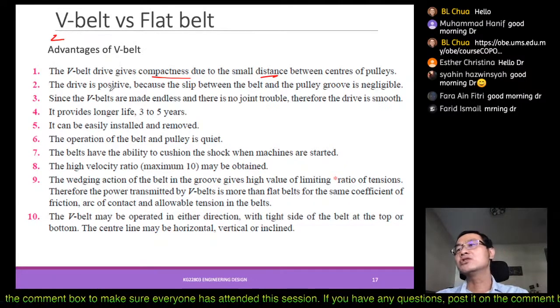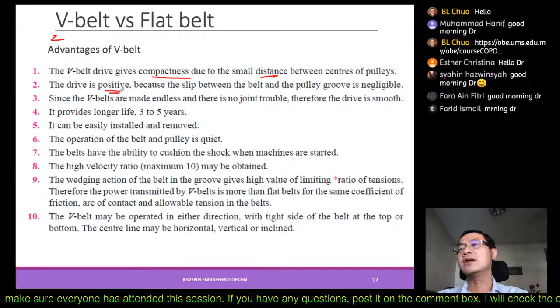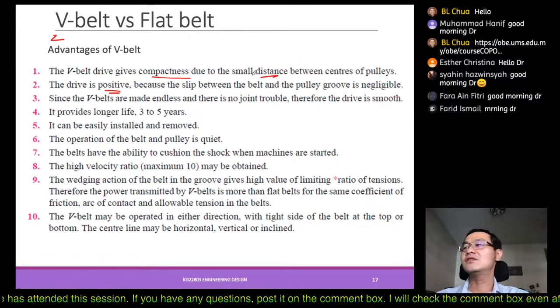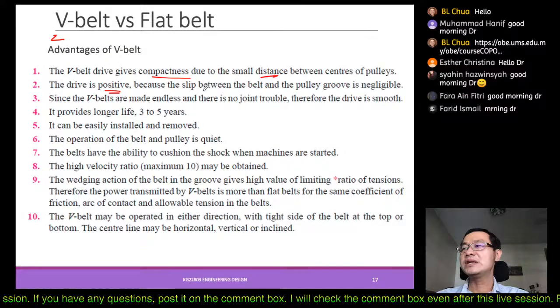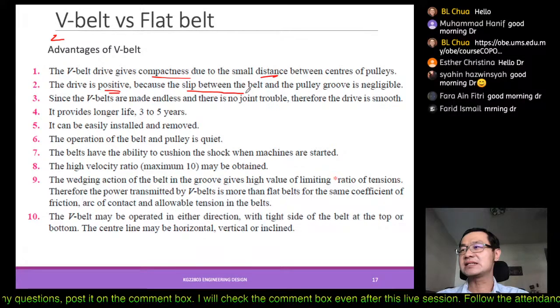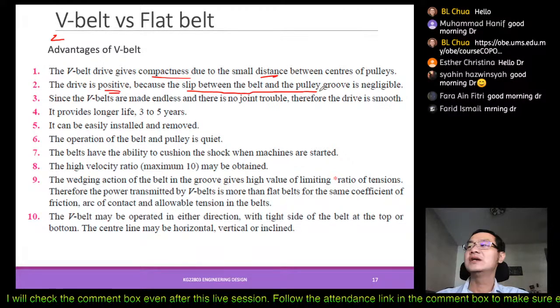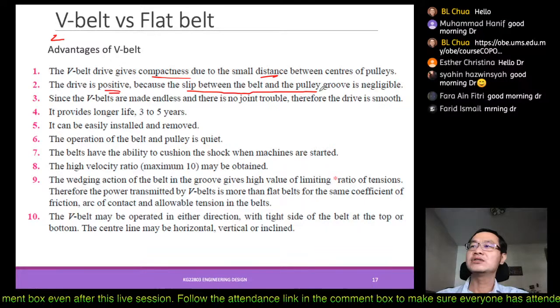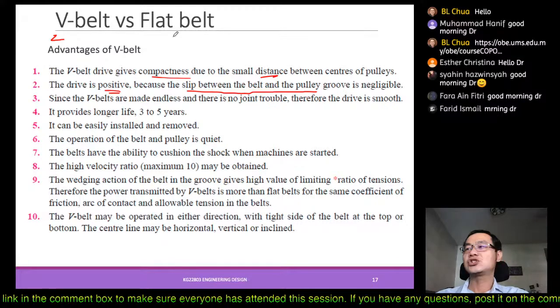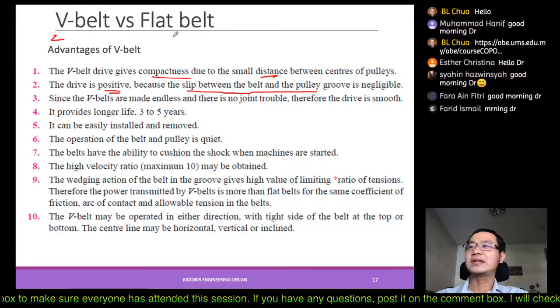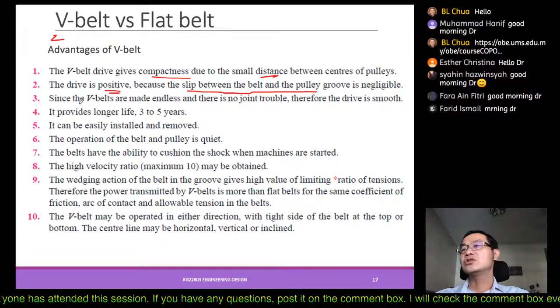Also the drive is positive. When we say a drive is positive, we can assume that the slip between the belt and the groove is negligible, whereas for the flat belt they may have some slippage in between them because of the contact area itself.